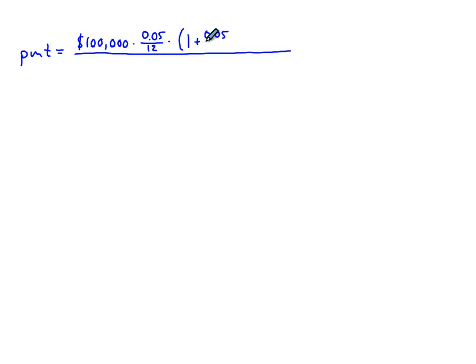Interest rate as a decimal, so 5% is 0.05, divided by 12 months in a year. And then multiply again to the 12 months times the number of years.